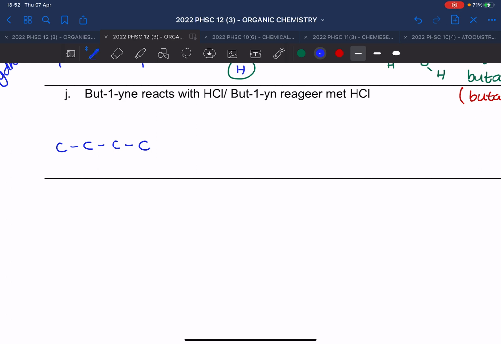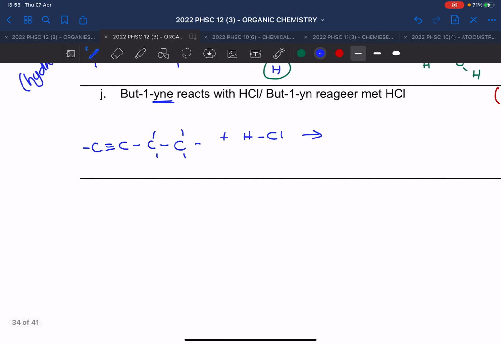Okay. But the 1 in the name tells you it's a triple bond on the first one. And it reacts with hydrochloric acid. What type of reaction is this? Addition.